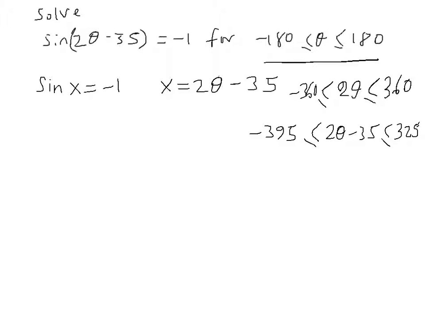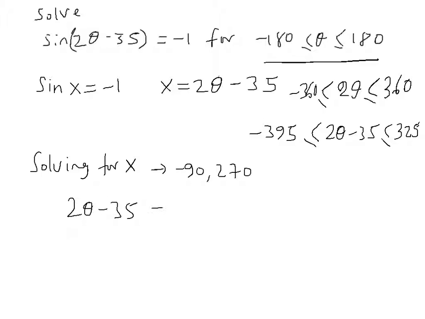So if we take the inverse of minus 1 and solve for x, we get minus 90 and 270, which both fall in the range. What we now have to do is convert this back to theta. So we know x is 2 theta minus 35, so we can do minus 90.